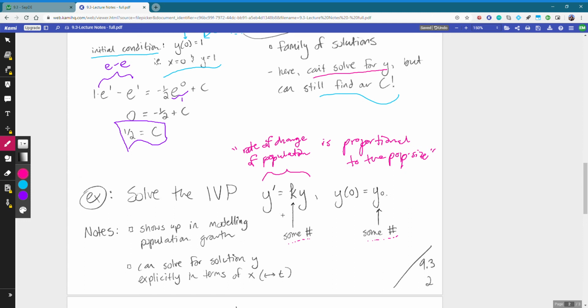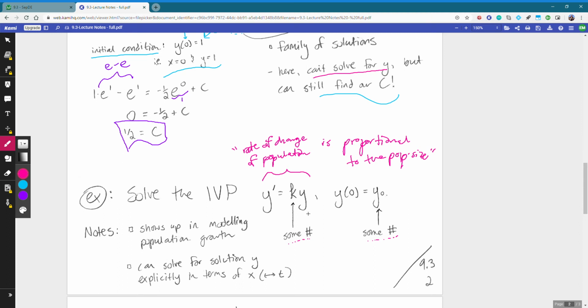And so our question here is, okay, based on this rate of change of population setup, what are the solution functions that satisfy this? And what I claim is two things. First of all, that this is a separable differential equation, so we can actually solve it.